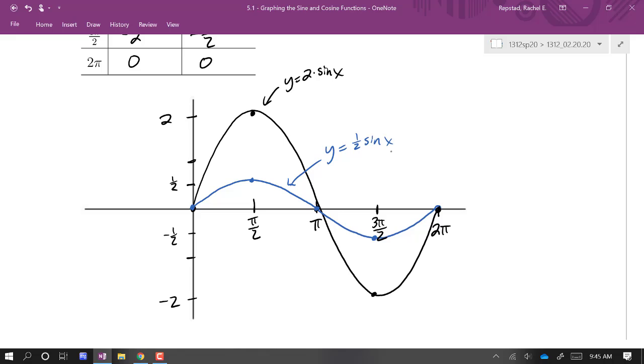The amplitude, like just how high its crest and trough occur. It's just sort of stretching it out or compressing it. But it still fits in the same period. The period is still the same length.